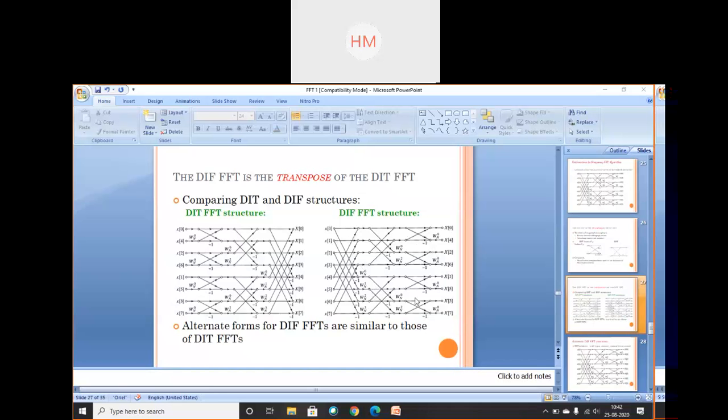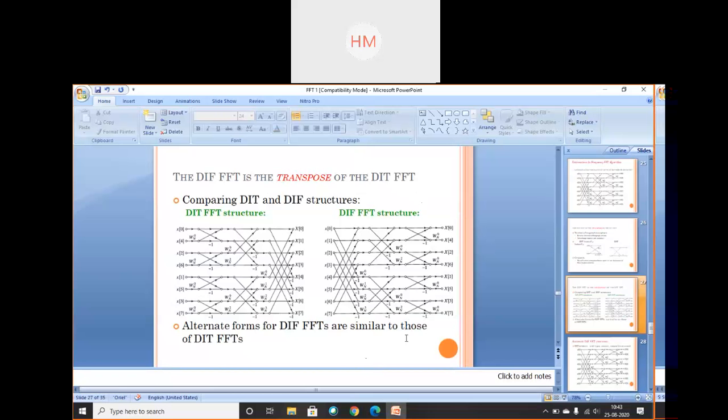This you always have to remember: DIT and DIF, what the transitions are, and that the DIF FFT is a transpose of the DIT FFT. I can give you MCQs also, so you should remember these important points.